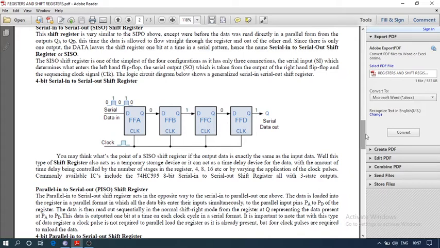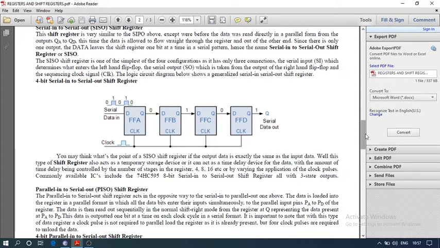So if we give input to the D terminal of FFA, then it will pass to FFB, and after that FFC, and after that FFD. So the data is passing from one flip-flop to another flip-flop.